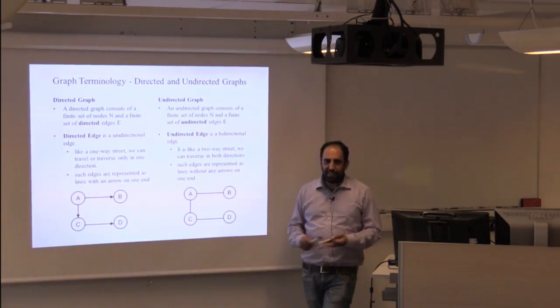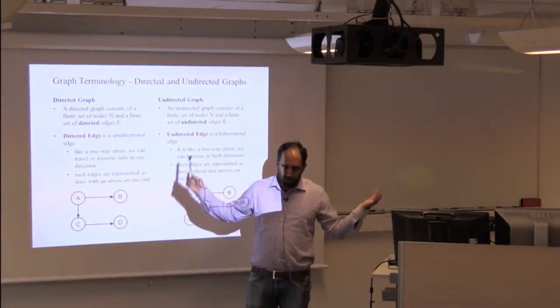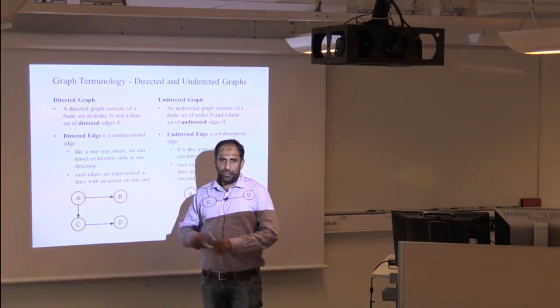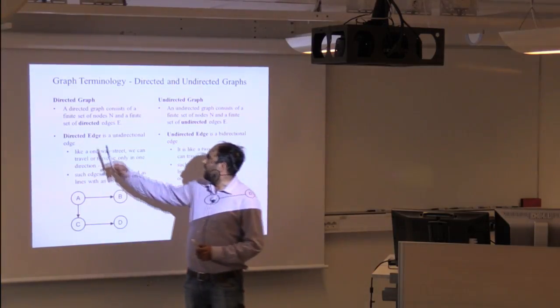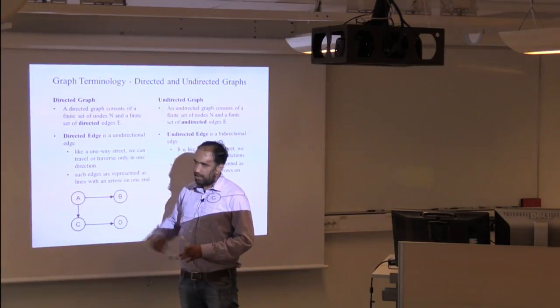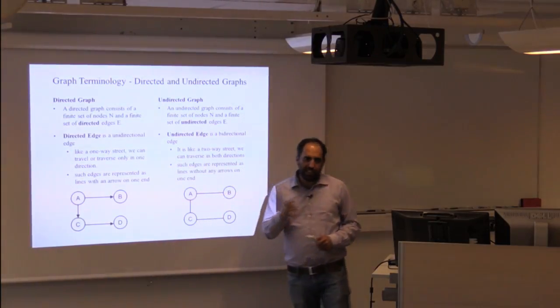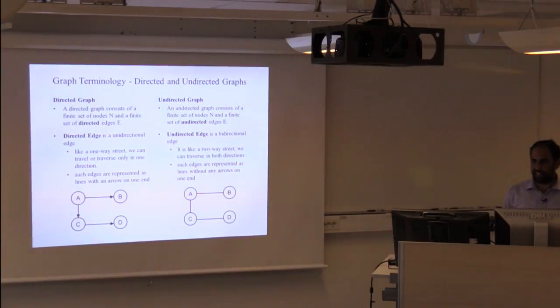But in some cases, maybe you are traveling on a highway or a motorway or expressway, where you are allowed to travel in only one direction. In that case, we have a graph which contains arrows, or edges pointing in only one direction. That's called a directed graph.